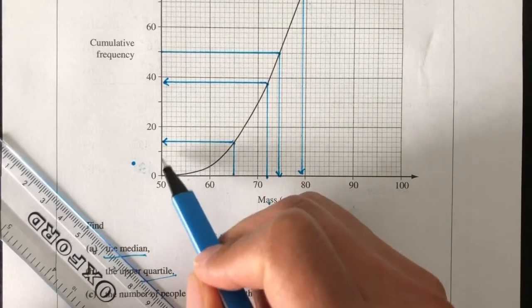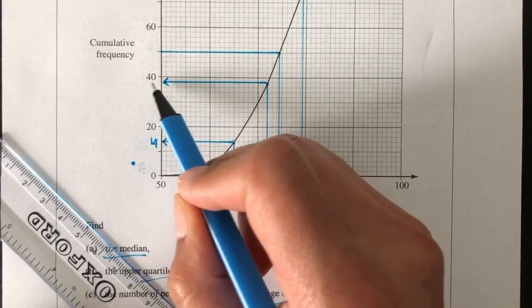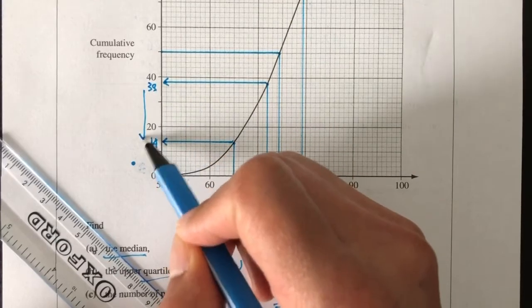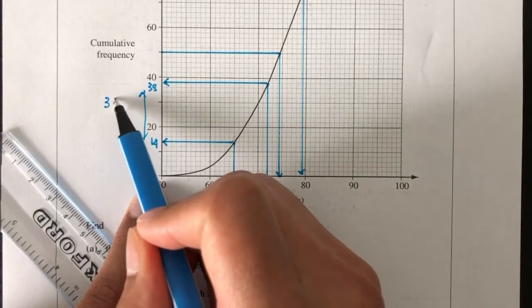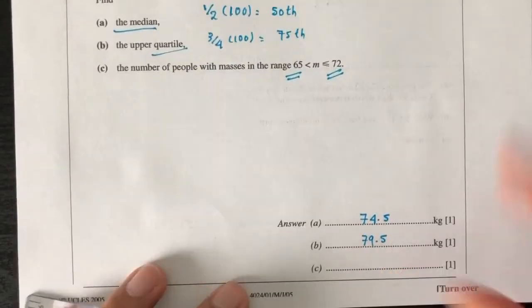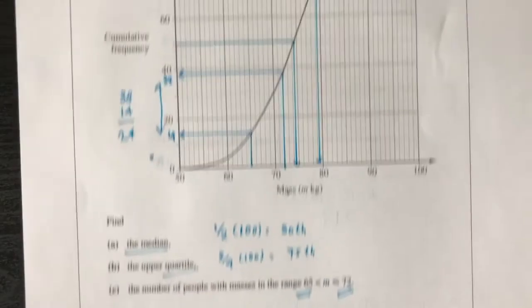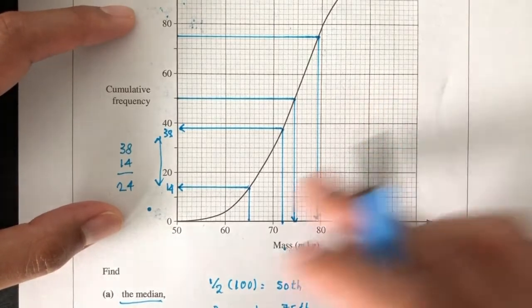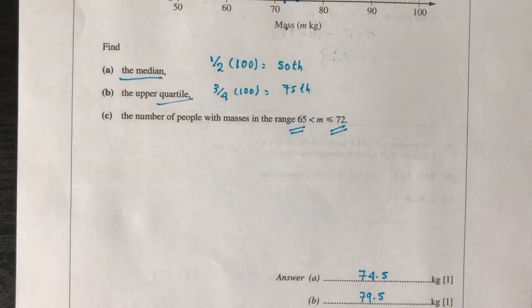This is 14. And this is 38. So in between, we have the number of people. So 38 minus 14 will give me 24 people. So 24 people have masses between those two. As long as you show your work and your corresponding values, you will get your mark. So that will be question 17.